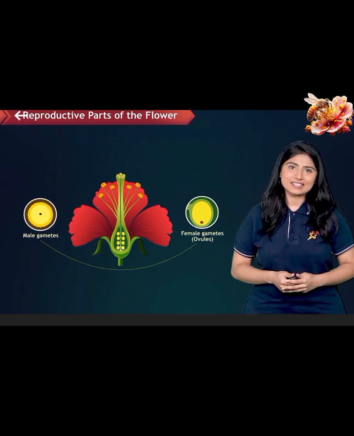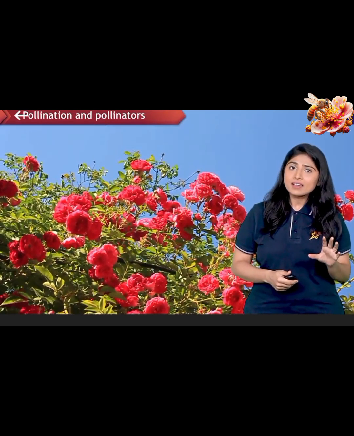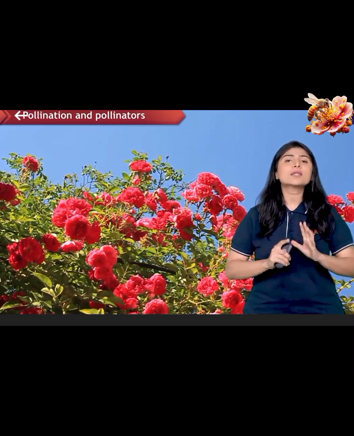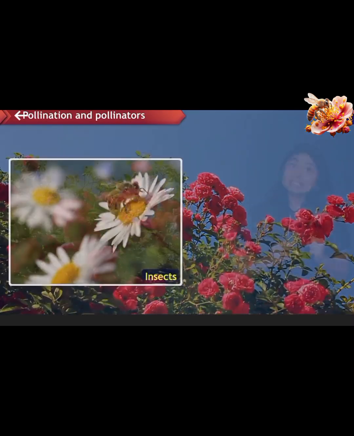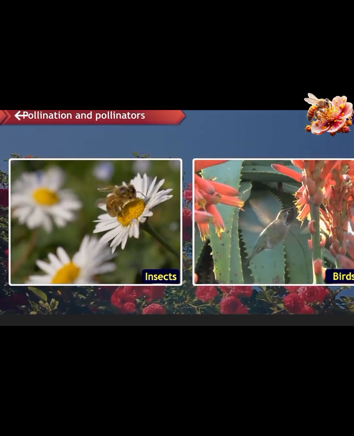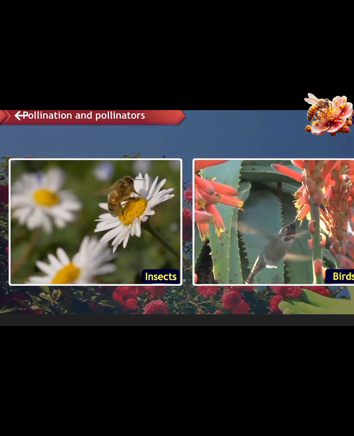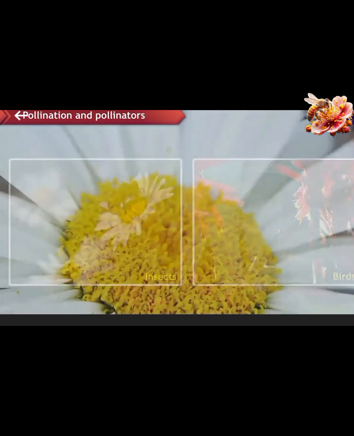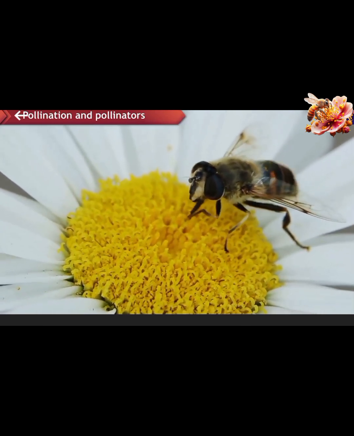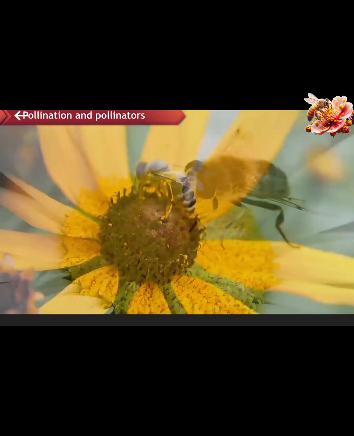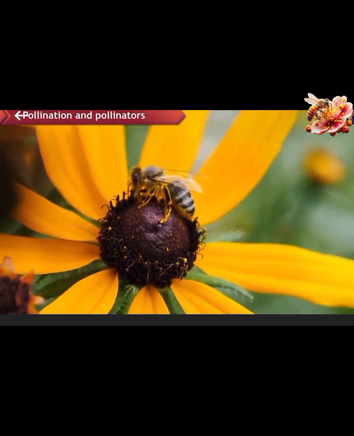Let's understand this. The nectar, smell and color of flowers attract insects and birds. When these animals come in contact with flowers, the pollen grains from the anthers stick to their bodies.